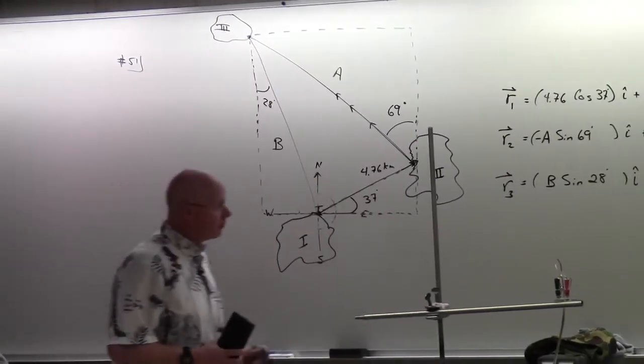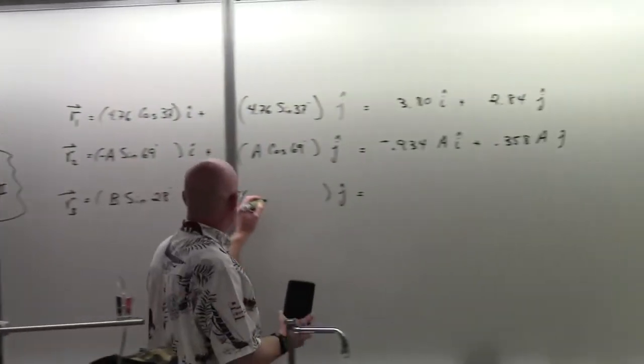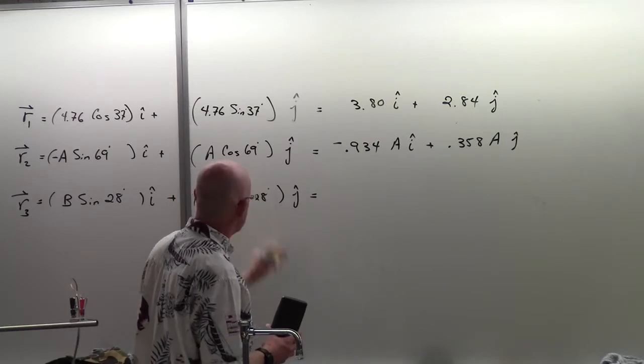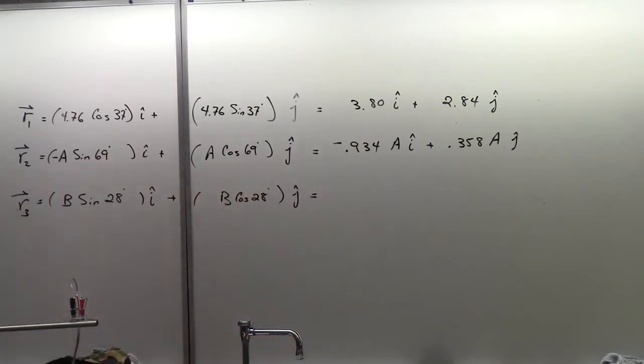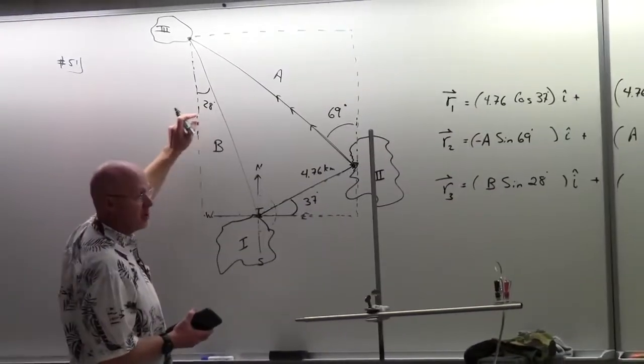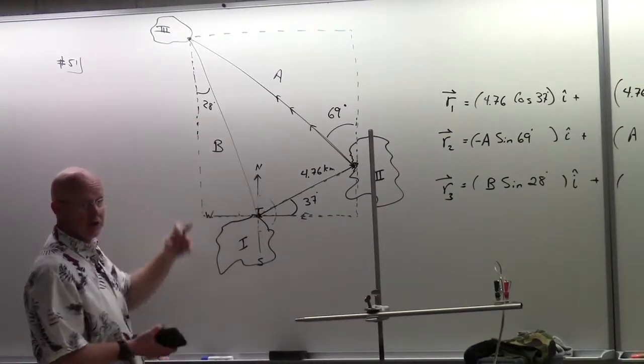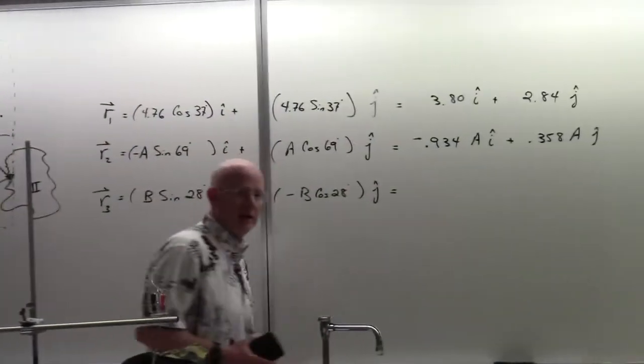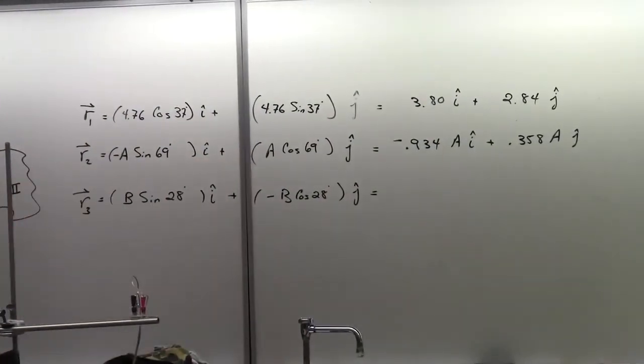Same thing in the vertical direction here. I would have a B and I would multiply it by the cosine of the 28 degrees. Again, the cosine, because this part I want, the vertical part, is adjacent to the 28. Cosine gives me adjacent. It's also downward, so I would put a negative there. And like the one above it, I can't really solve much for this other than figuring out what is the sine of 28 degrees.